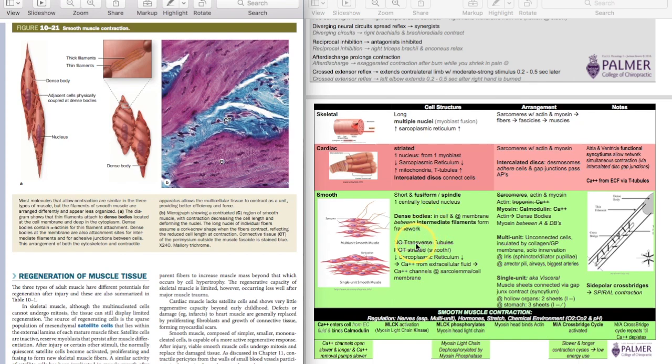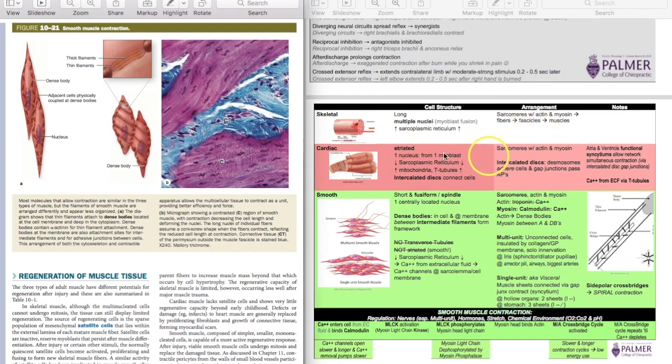Okay. As far as basic characteristics of smooth muscle, you do not have transverse tubules, T-tubules. It is not striated, thus it's called smooth muscle. You don't have bands like you do in cardiac cells and skeletal muscle cells. You do not have this sarcomere arrangement.